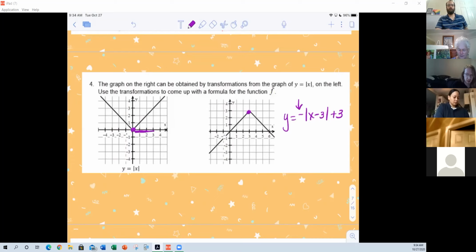The horizontal shifts, when you put them into the equation, go the opposite of what you would normally think they would go. So since we're going right 3, you're going to have a negative 3 on the inside of the function. And then to get to this point right here, you'd also have to go up 3. So that happens on the outside of the function and does exactly what you think it should do.